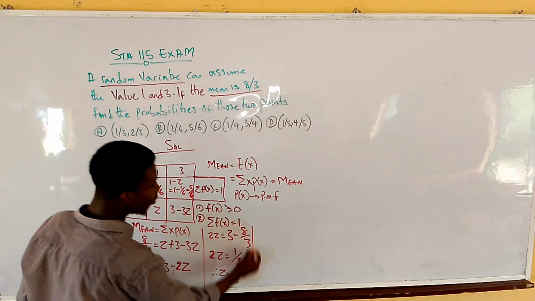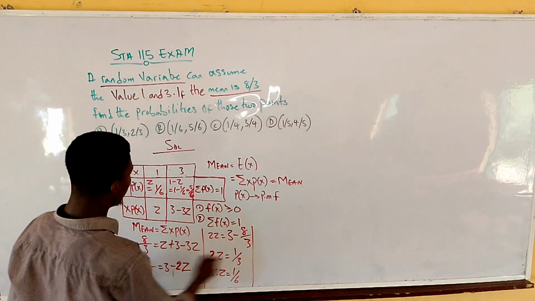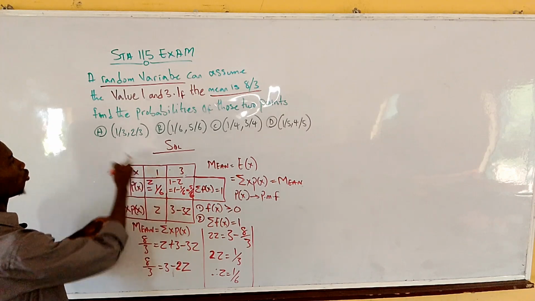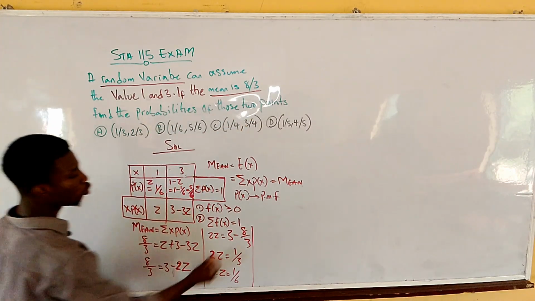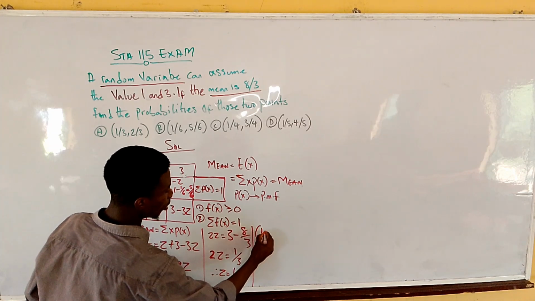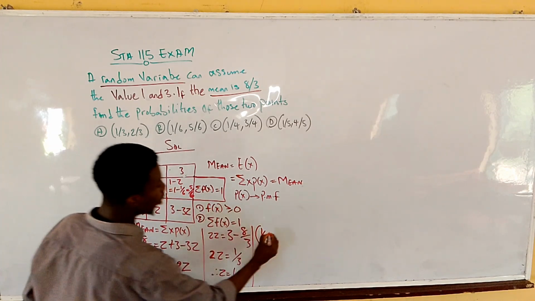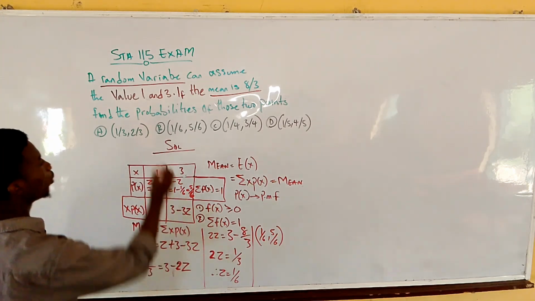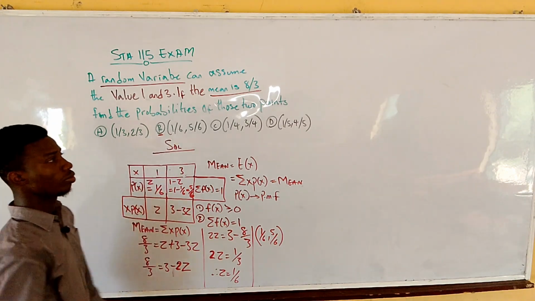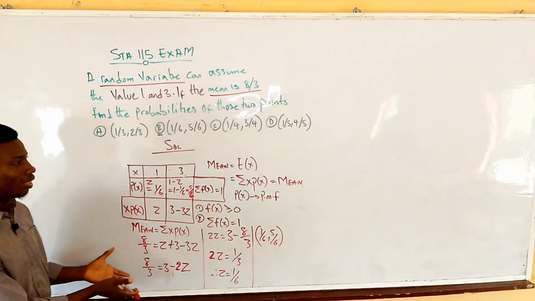The question is asking us to find the probability values of those 2 points. Therefore, the probability values of those 2 points are 1/6 and 5/6, and that is option B. You can see how simple this thing is.